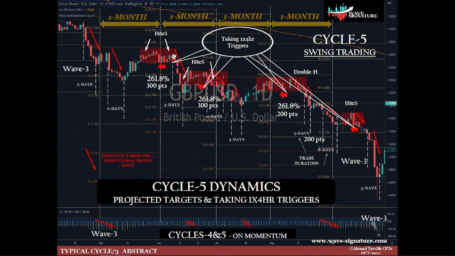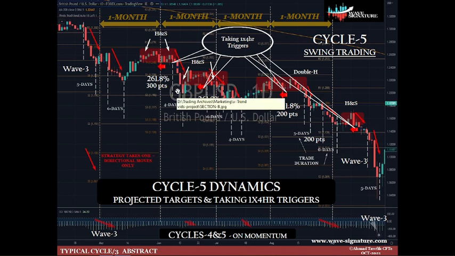And because the consolidation is very compact, remember that technically speaking, the longer there is a consolidation, the more compact it is, like using tightened Bollinger Bands, the stronger the breakout, related of course to that consolidation. So the target projection is usually 261.8%. This measure is taken out of a 1 hour or a 4 hour chart.